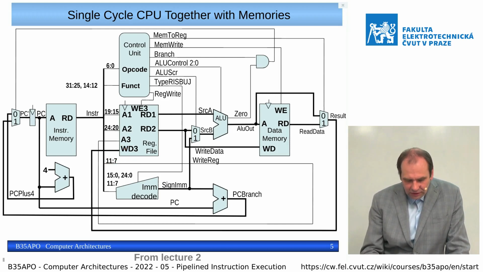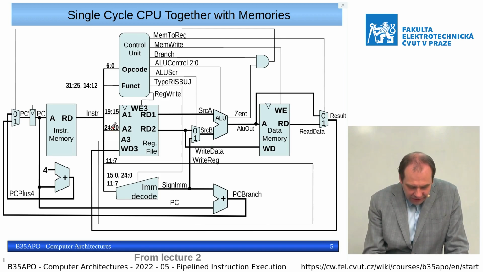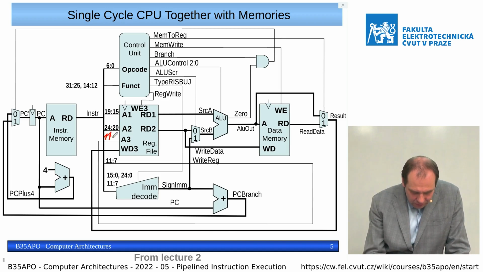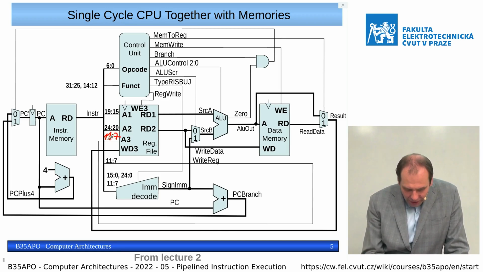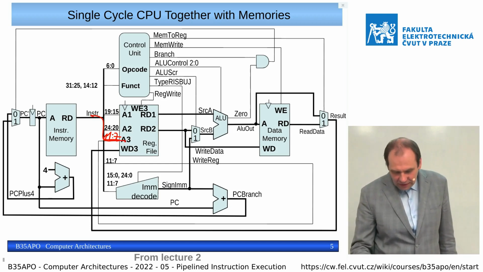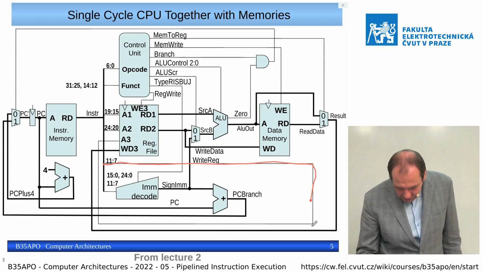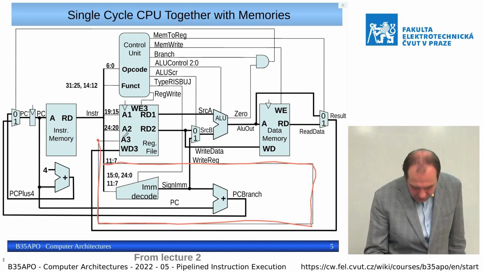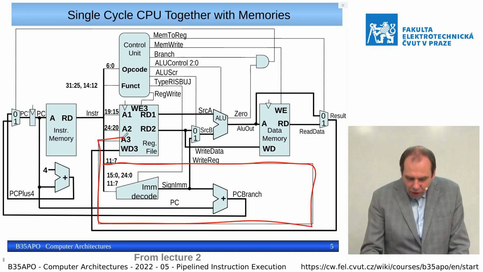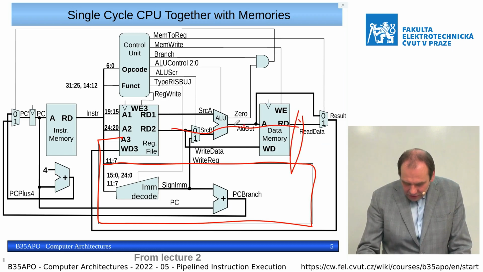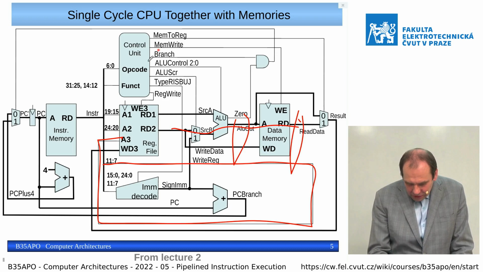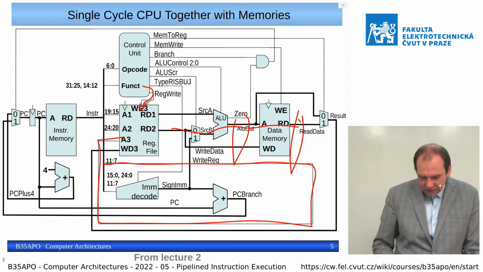Okay, and there is one change. In the previous lecture, we put 11 to 7 directly here from the read instruction. Now we have exactly the same circuit, but we pass the value of the destination register together with the actual data which should be put into the register, and then there is an operation which selects that we want to write to the register.